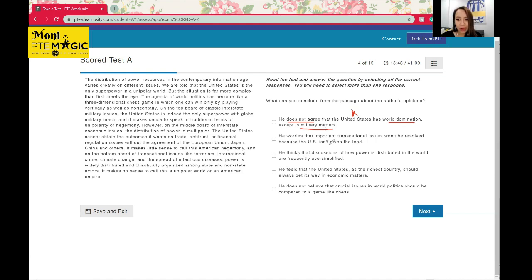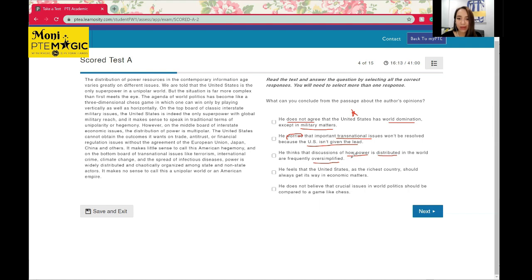Okay, he worries that important transnational issues won't be resolved because the US is not given the lead. Okay, the US is not given the lead, so he worries that the important transnational issues won't be resolved. Okay, he thinks that discussion of how power is distributed in the world is frequently oversimplified.